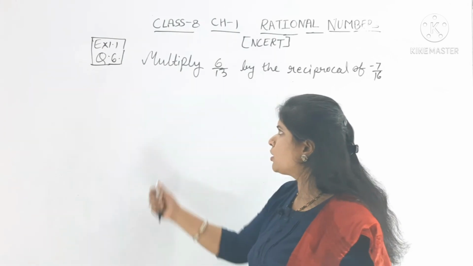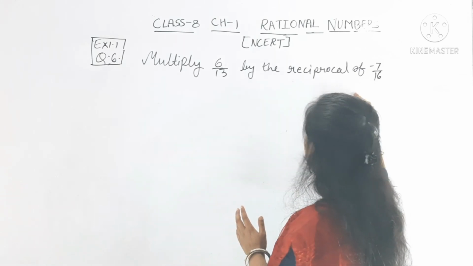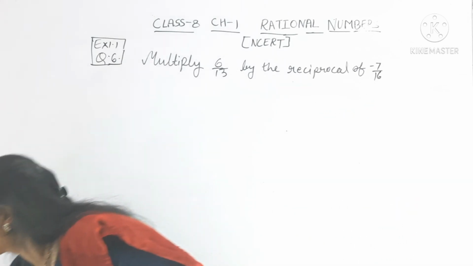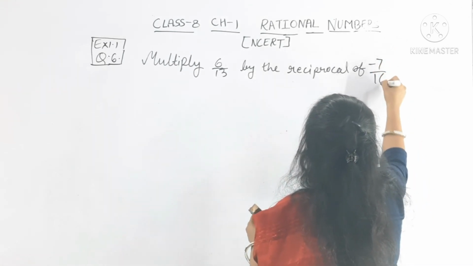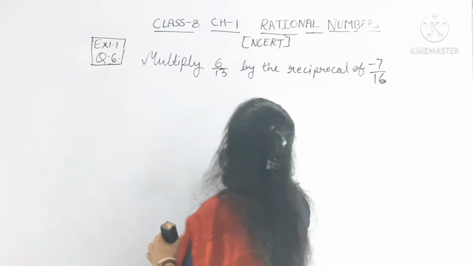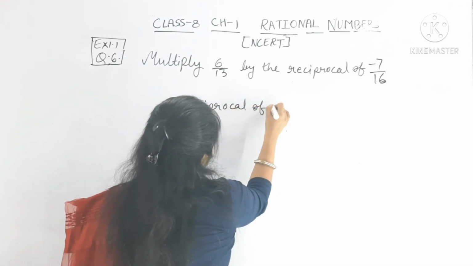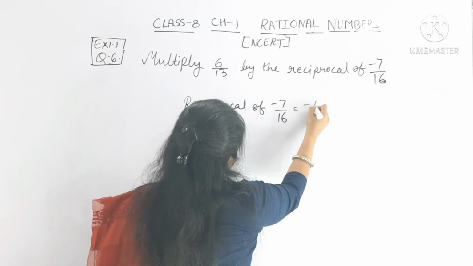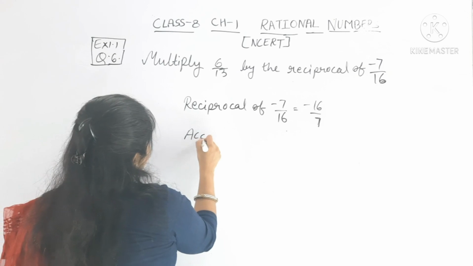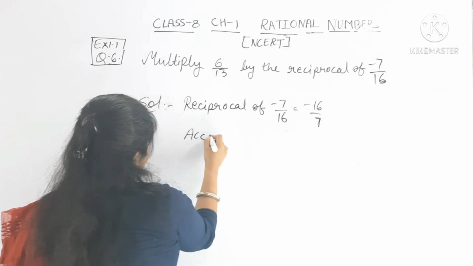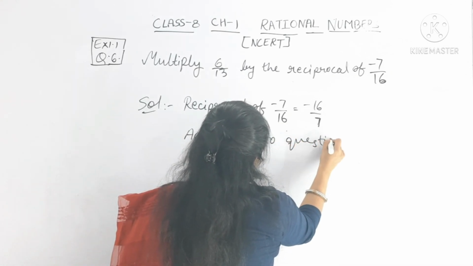Now students, let's see question number 6. What is question number 6? We have to multiply 6 by 13 by the reciprocal of minus 7 by 16. Maybe it is not visible to you, this minus 7 by 16. Okay. So we have to write the reciprocal of minus 7 by 16, that is minus 16 by 7. Okay. And according to the question, what is given?